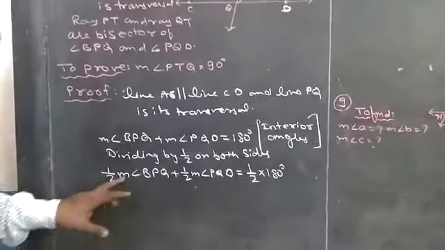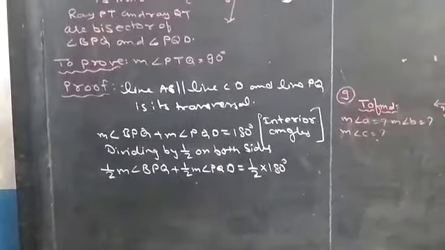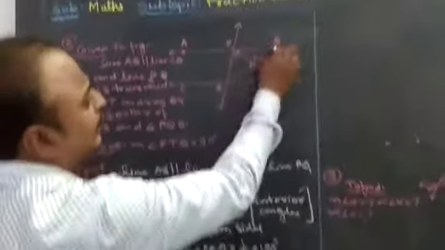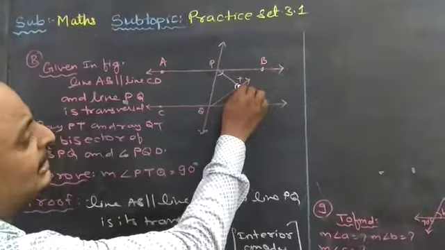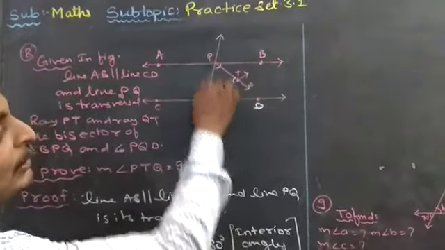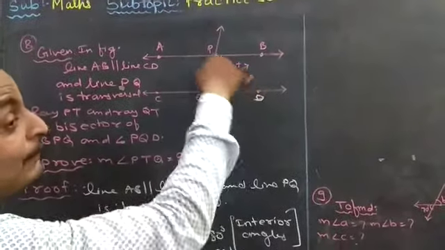Now half of measure angle BPQ, I can take as angle TPQ because ray PT is its angle bisector.